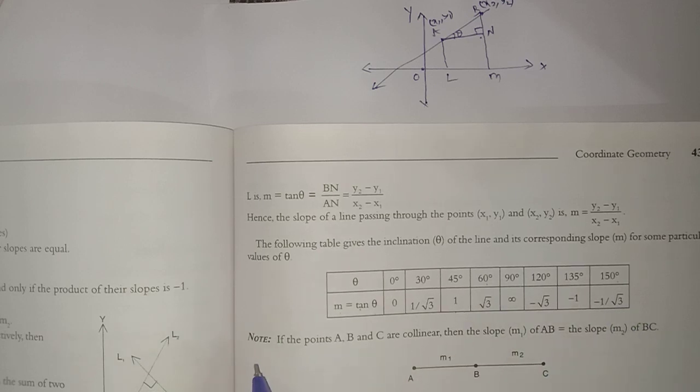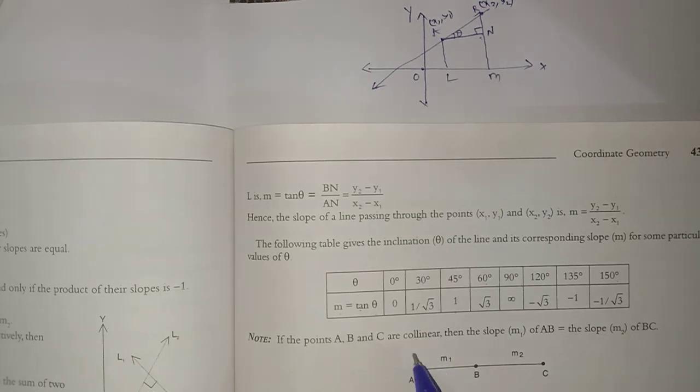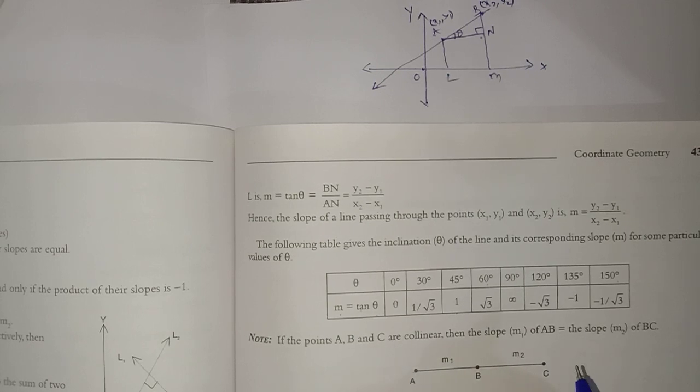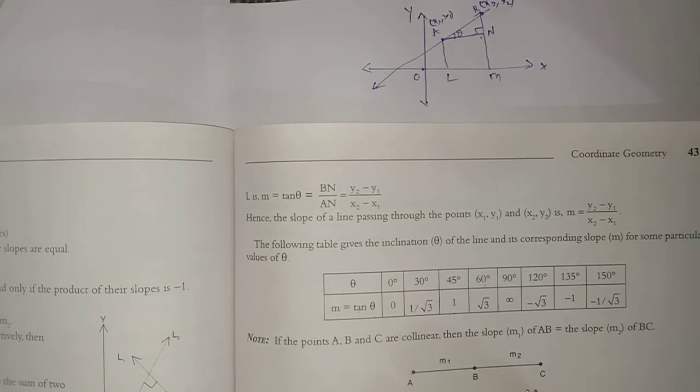An important note, children. If the points A, B and C are collinear. Collinear means, do you know, children? Three points lie on the same line. A, B, C are called collinear points. Look at the picture. A, B, C are collinear points.